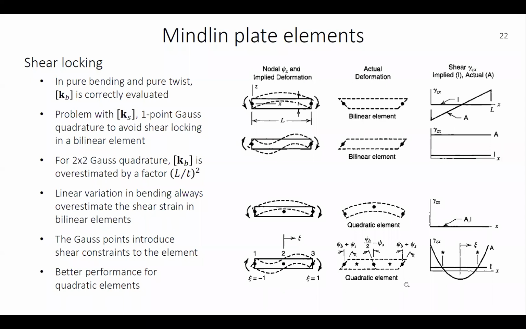But if we use reduced integration, being a 2x2 Gauss quadrature, we can see that at these Gauss points, we also have an exact solution compared to the actual ones. So similarly for a second order Mindlin element, if you use reduced Gauss quadrature, we can also improve the shear locking effects.